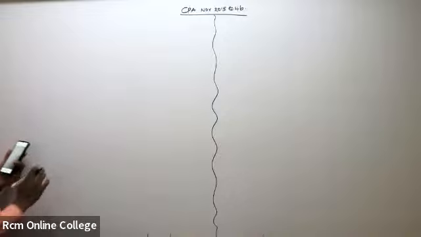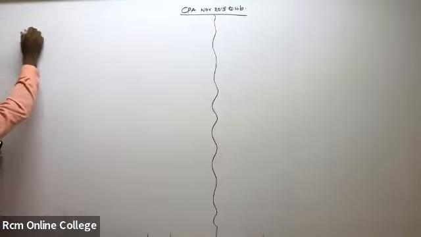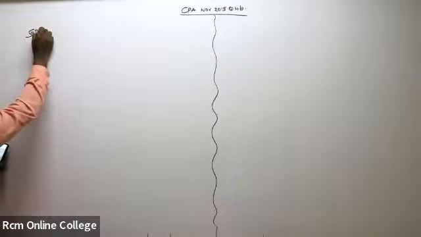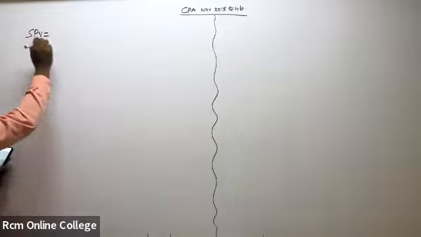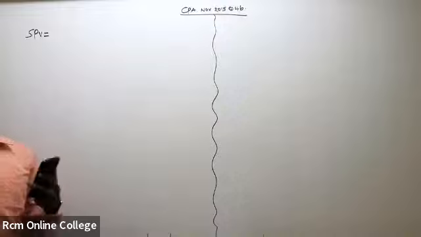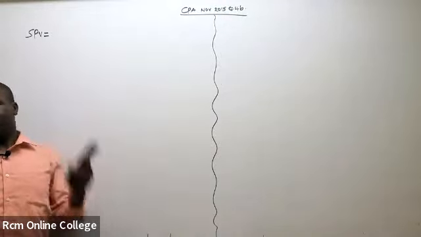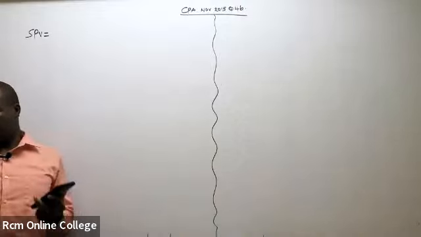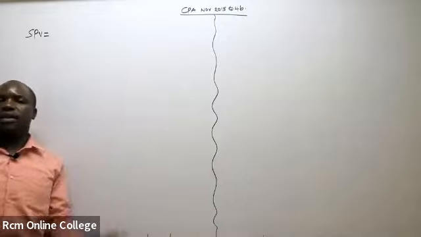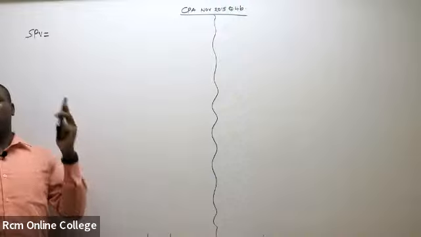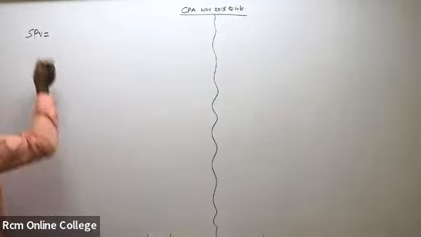Good. So selling price variance. Remember, with selling price variance, we are going to look at the cause of change or difference in the sales. One of the causes is maybe the difference in the selling price and also the difference in the volume of goods sold. So let's start with this.